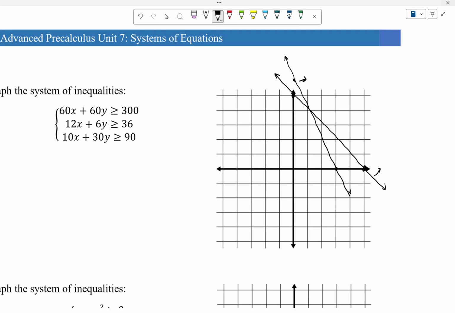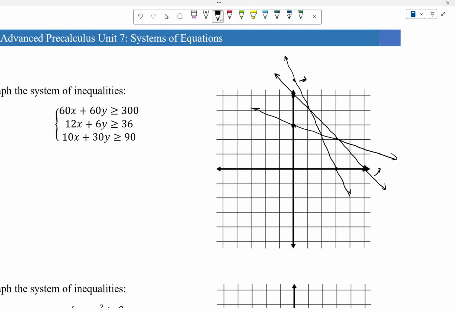The y-intercept is 3, and I know the slope is -1/3. It gets you the same place. So we have this line.